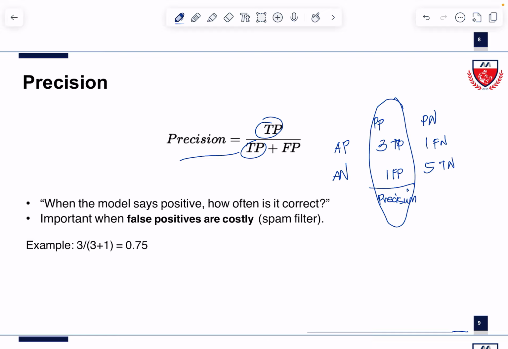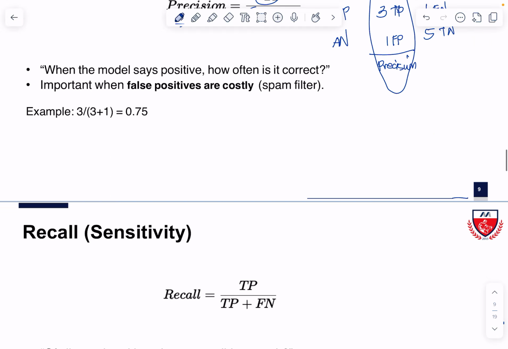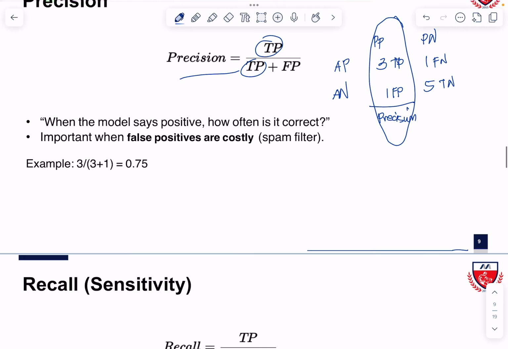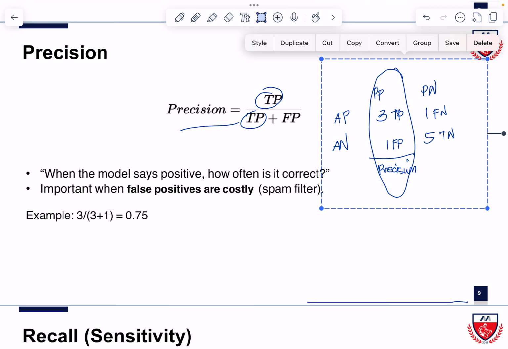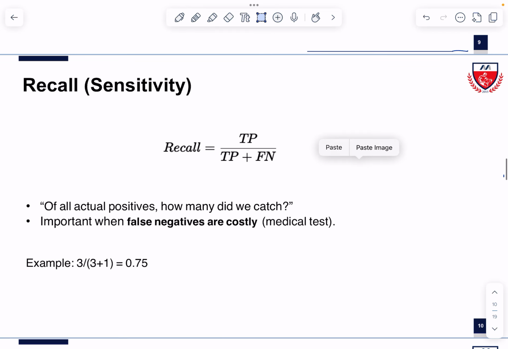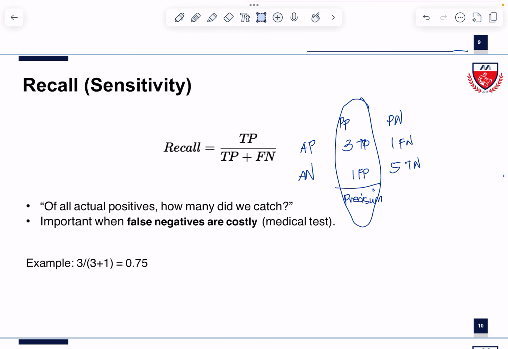And then next would be the recall or the sensitivity. Sometimes it's called sensitivity, but in other publications or in other terms, they are called sensitivity. Or yeah, let's call it recall. So of all actual positives, ilan yung na-catch natin?